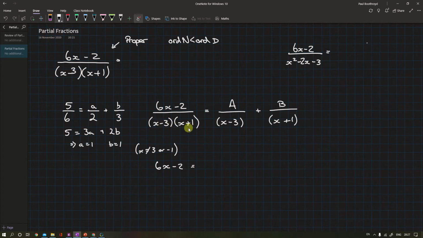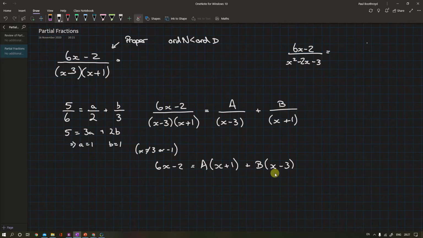When I multiply these two by a over x minus 3, the x minus 3's cancel, so I get a times x plus 1. Plus, do the same thing on the other one, b times x minus 3.